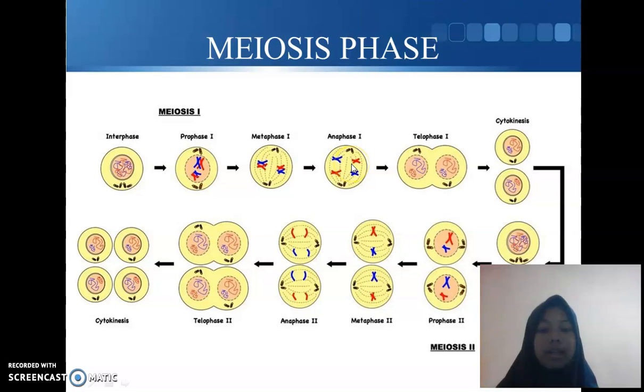In late anaphase 1, the chromatids have almost reached the spindle poles. The cell membrane begins to constrict. In telophase 1, the nuclear membrane encloses the separate chromatids. The cell membrane completes its constriction.